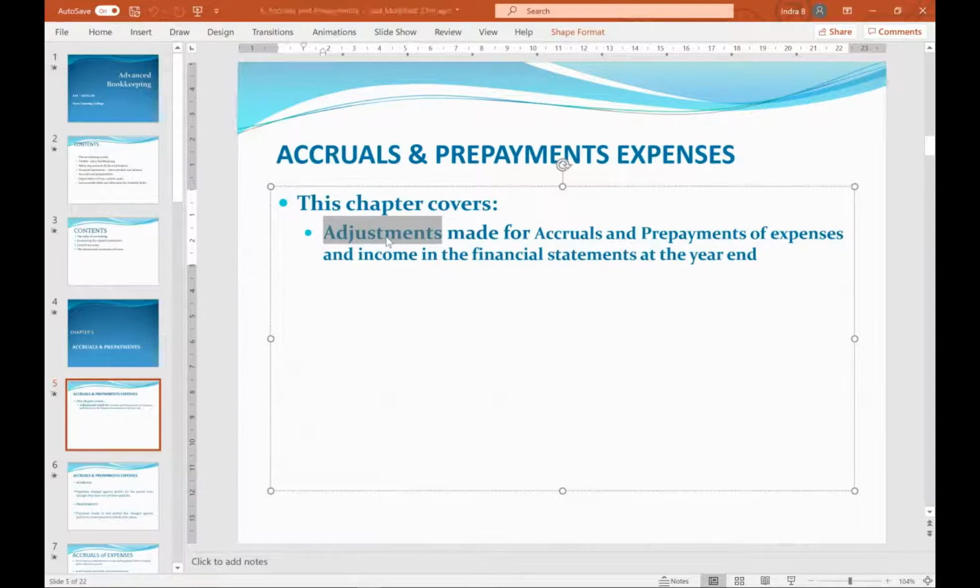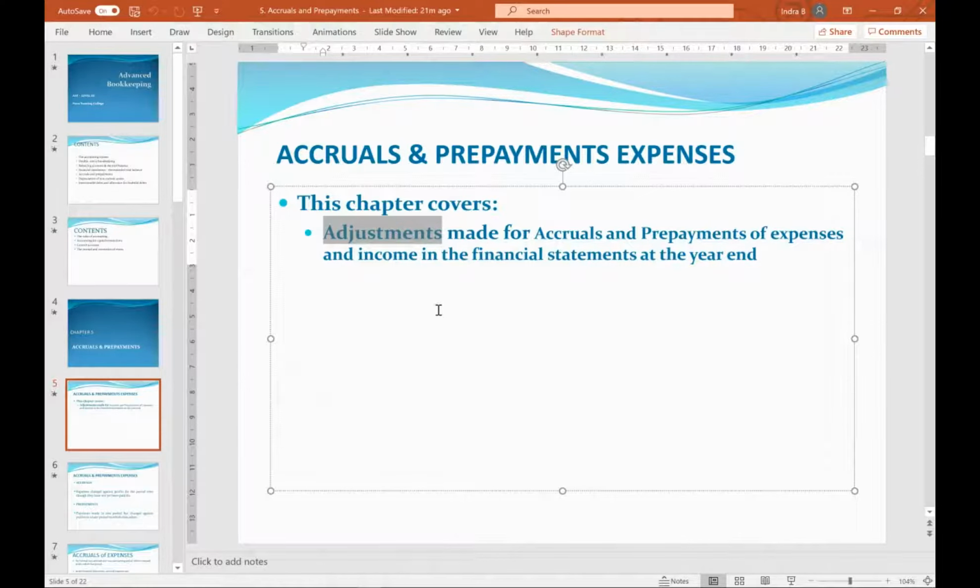So these are basically adjustments, and they are done for accruals and prepayment of expenses and also for incomes in the financial statements. We know there are two financial statements, the statement of profit or loss and the statement of financial position. So in this book throughout, we are going to learn the adjustments.